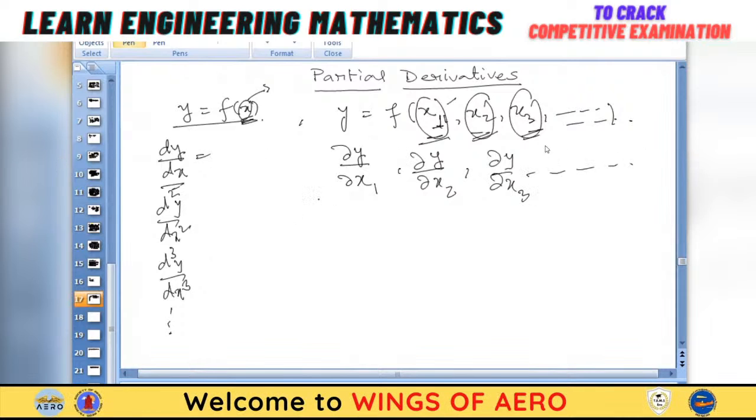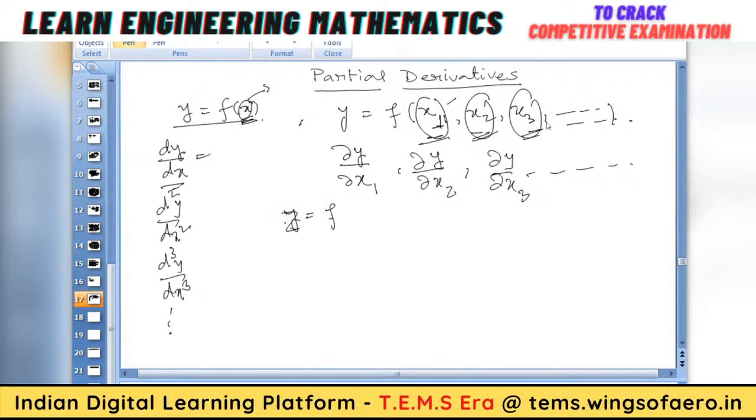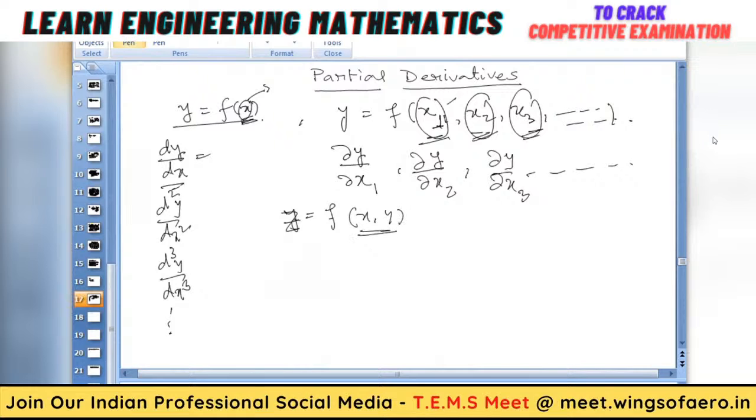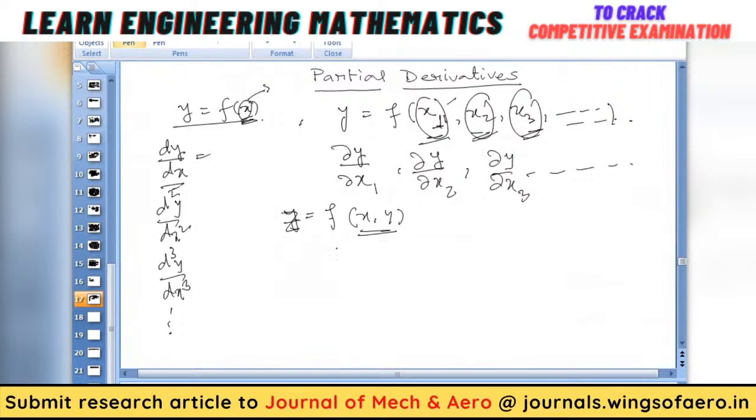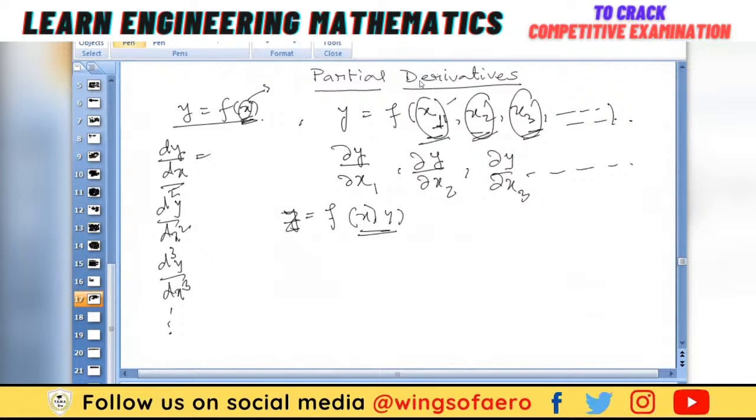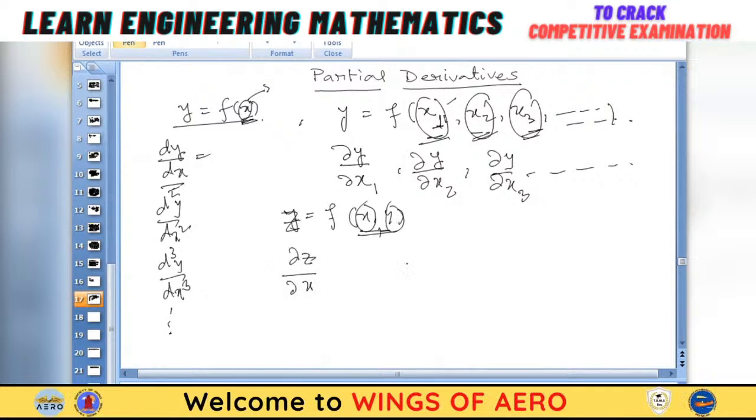In this chapter, I will only talk about the function z equal to f of x comma y, that is, only two variables, not more than that, because it is not included in the syllabus. So we take derivatives only two times, one with respect to x and another with respect to y. So we can write del z del x and del z del y.